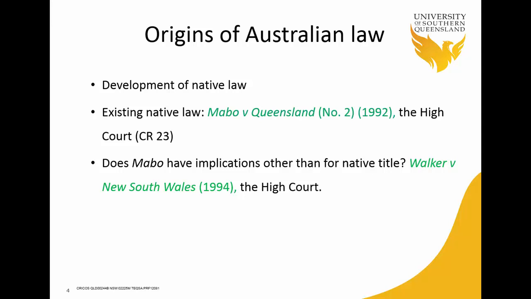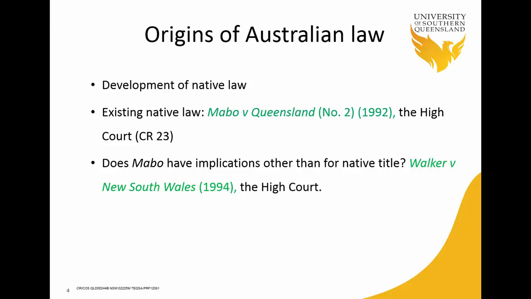Now this doctrine was established as early as 1608 in English law, to the fact that English people can take their law with them when they entered a new territory, i.e. a terra nullius, or a territory that was unoccupied.